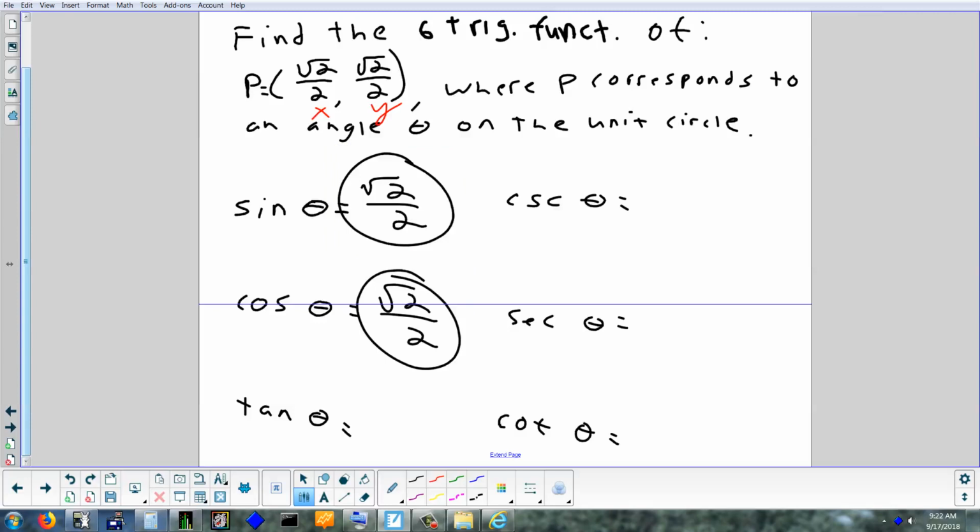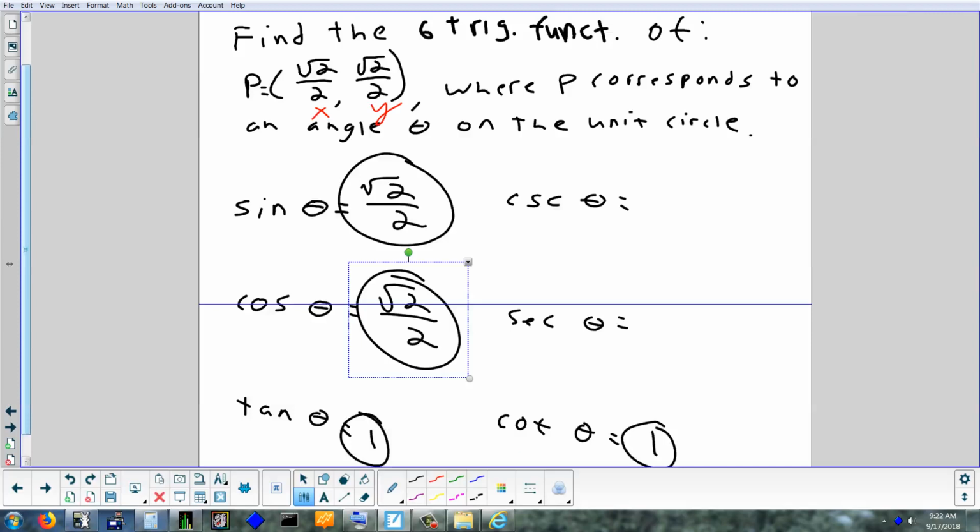They cancel out, and you get 1. When you divide two things that are the same, you just get 1. Now that makes the cotangent quick. If you want to write that one down right away, the cotangent is 1. So if you flip 1 over 1, you get 1 over 1.